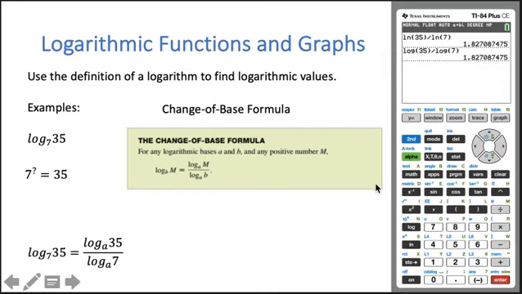So I'm going to use either the log button or the natural log button. I did it both ways for this problem, and you'll notice I end up with the exact same answer, and that answer is approximately 1.83, or 1.827.